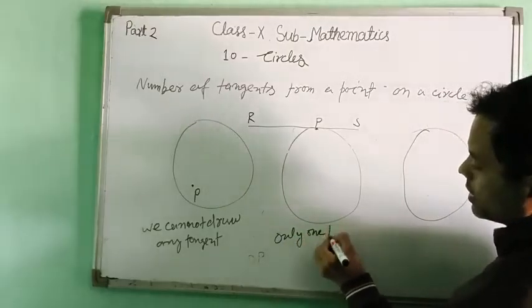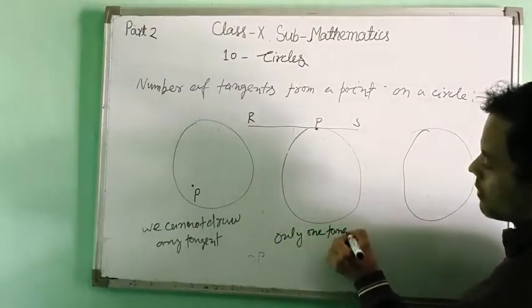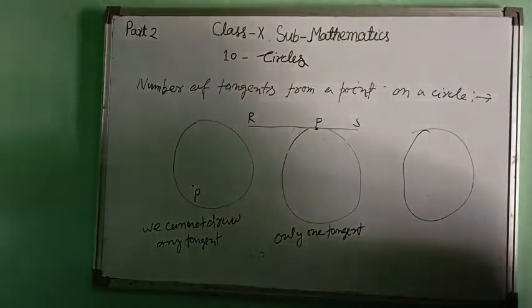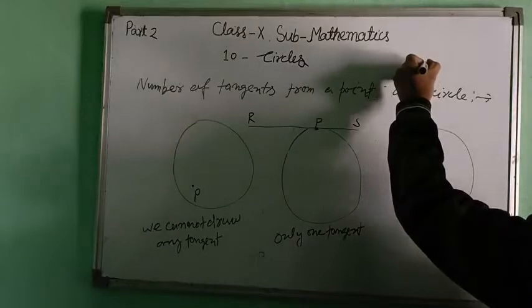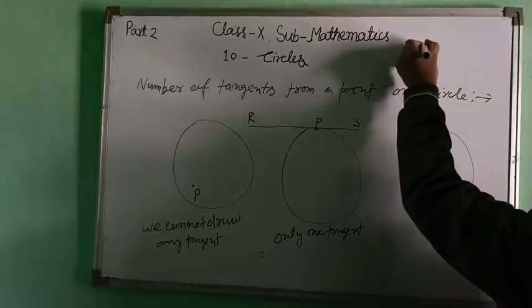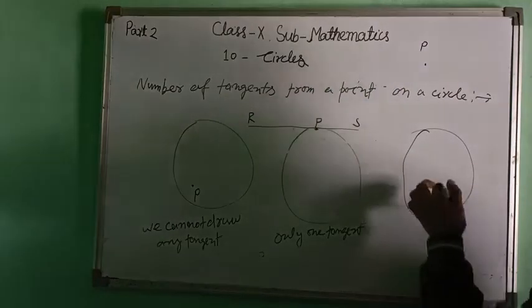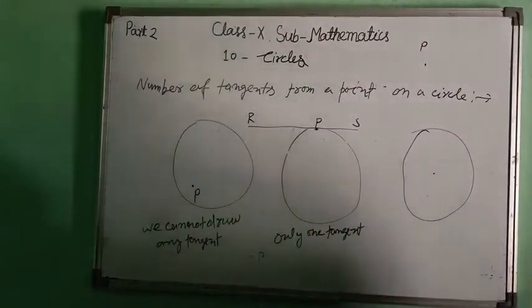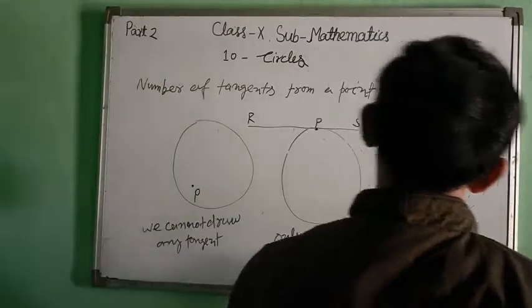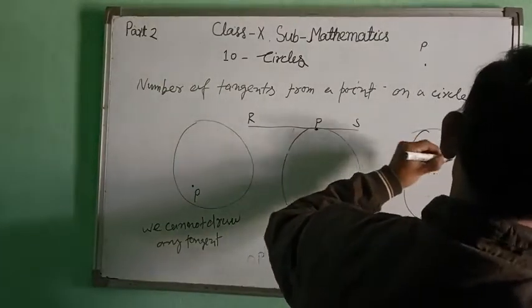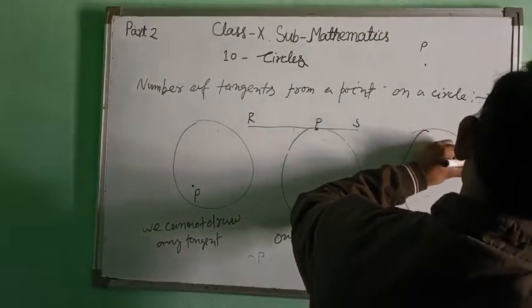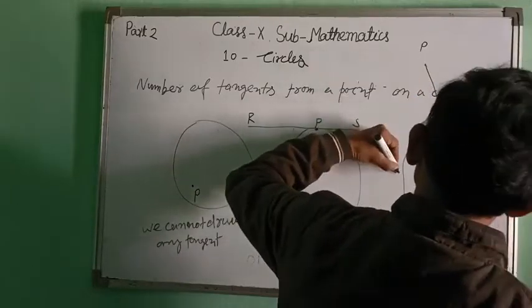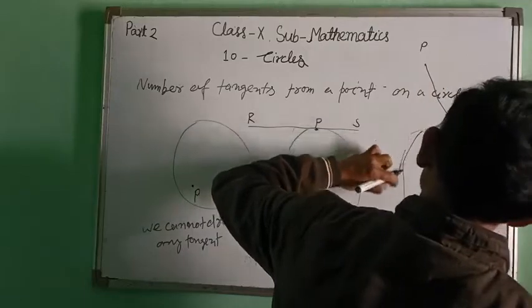If any point is outside of the circle, then we can draw exactly two tangents passing through this point.